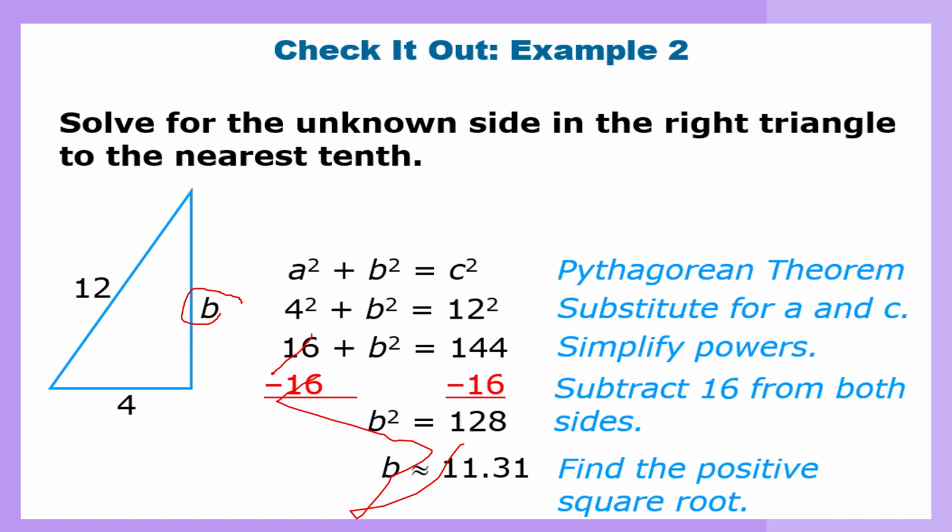Extract the square root by typing it in your calculator. The approximate value of your b is 11.31.